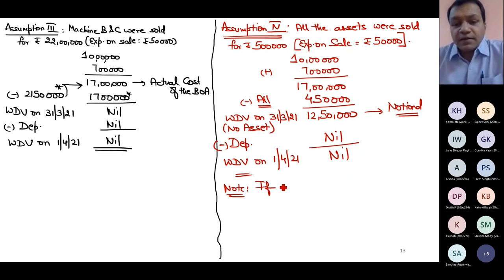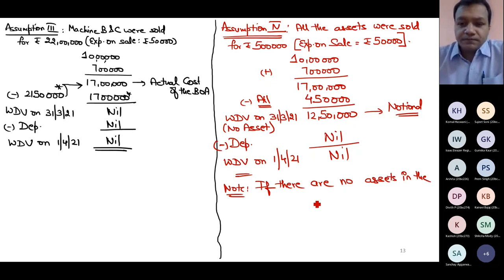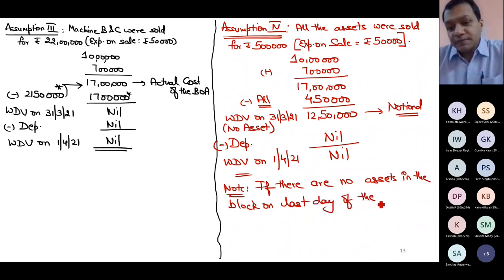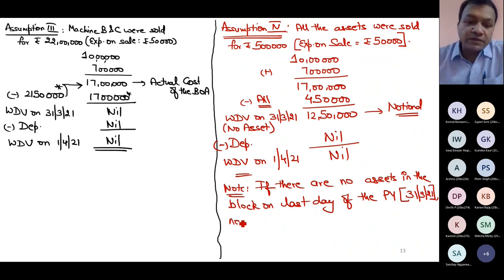If there are no assets in the block on the last day of the previous year for which you are computing depreciation, that is in my example it is 31st March 21, no depreciation will be charged. No depreciation is allowed for 2021.